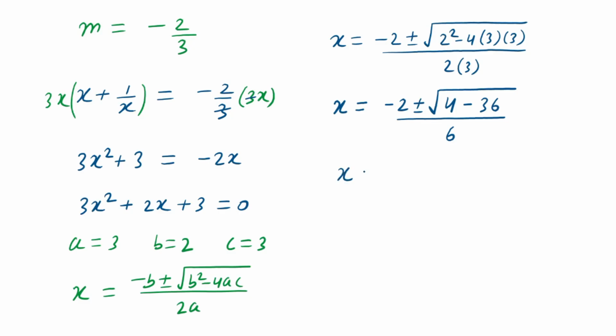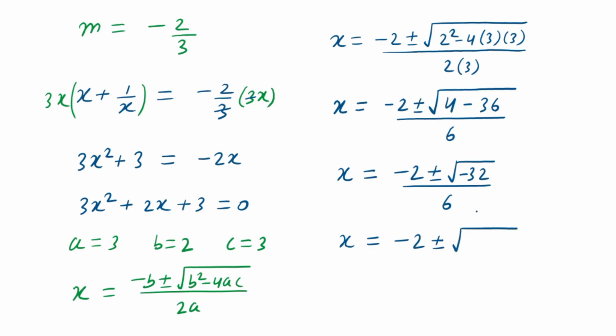Then x is equal to minus 2 plus minus square root of 4 minus 36 is minus 32, over 6. Then x is equal to minus 2 plus minus square root of minus 32, which is the same as 32 times minus 1, over 6.